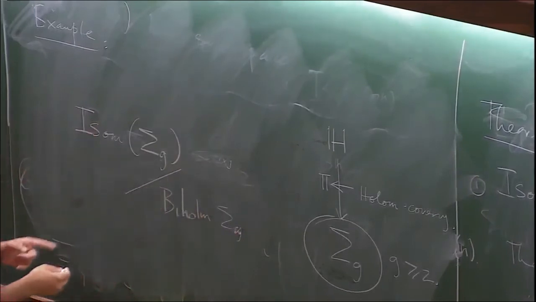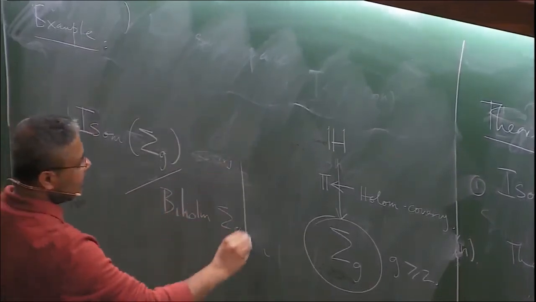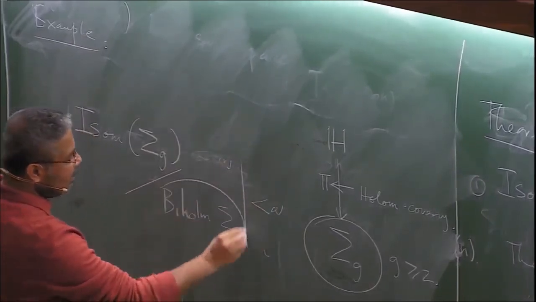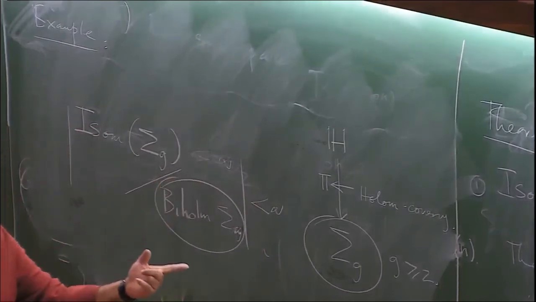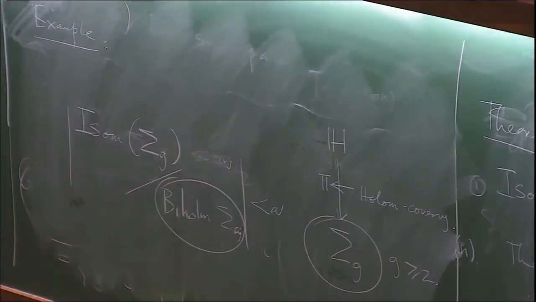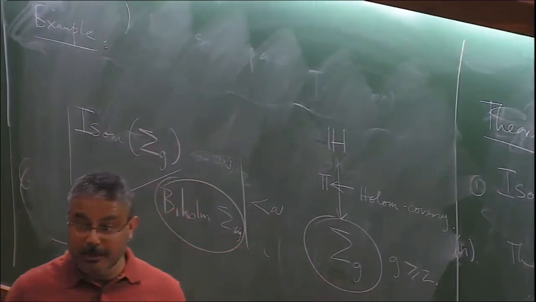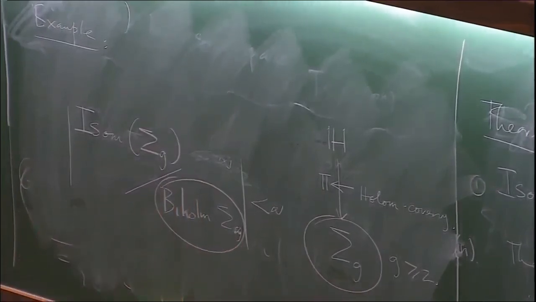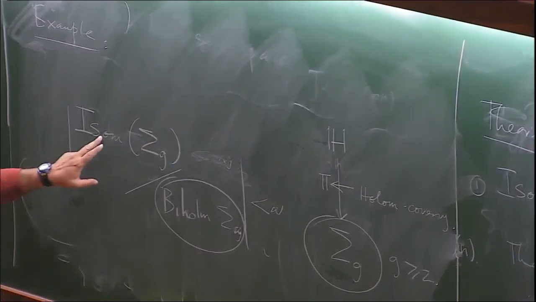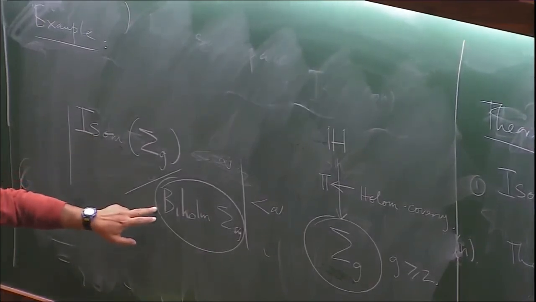So why is this finite? Because this is finite, and there is a theorem in complex analysis by Hurwitz which says that if I take higher genus compact surfaces, the number of biholomorphic maps is finite, at most 84 times (G minus 1). Okay, so this is why this is finite.